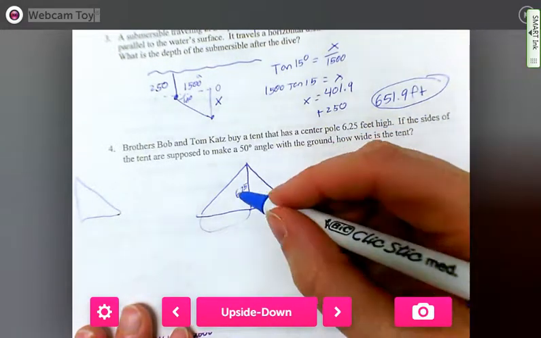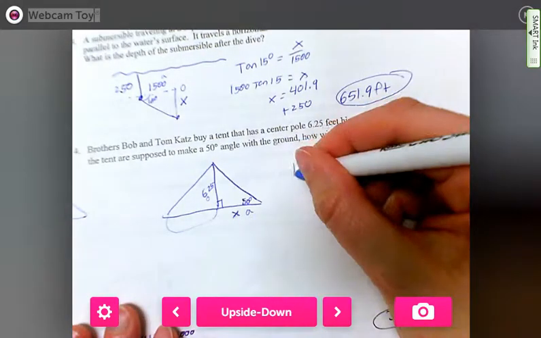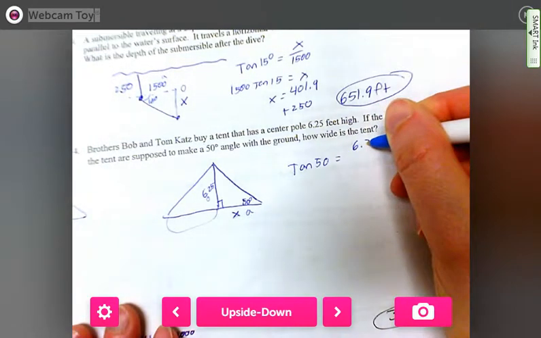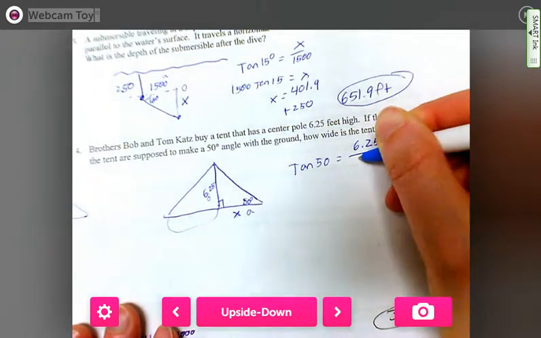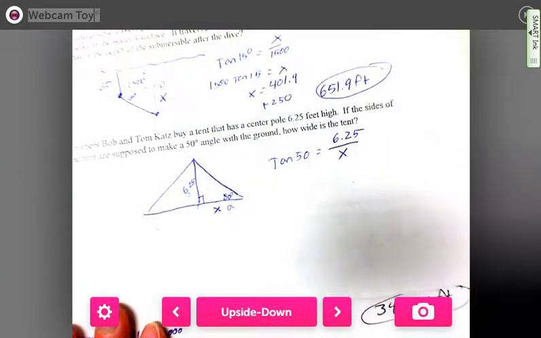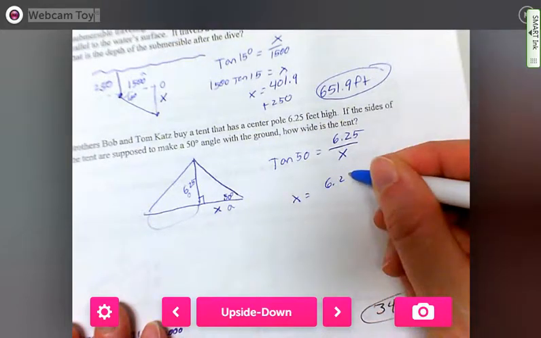And 6.25 is my, okay. So I'm going to go tan of 50 equals opposite over adjacent. So do you want me to do just the switching thing? We're okay with that? We can go x equals 6.25 divided by tan of 50.